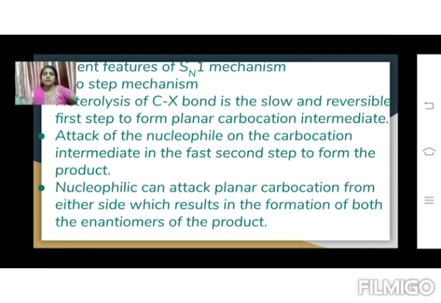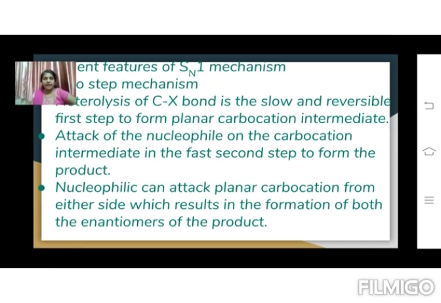So these are the theoretical salient features of the SN1 mechanism. It follows two steps. The first step is heterolysis of the carbon and halide bond, which is the slow and reversible step, to form the planar carbocation intermediate. The second step is the attack of the nucleophile on the carbocation intermediate, which is the fast step to form the product.